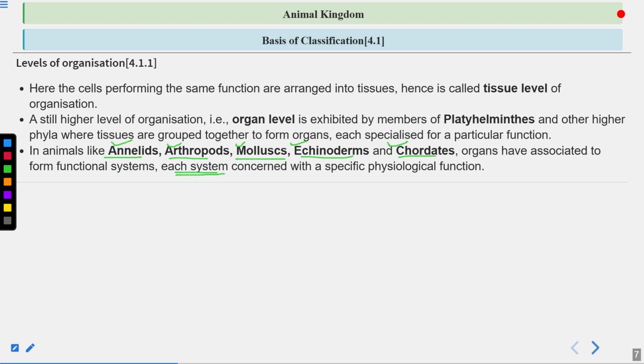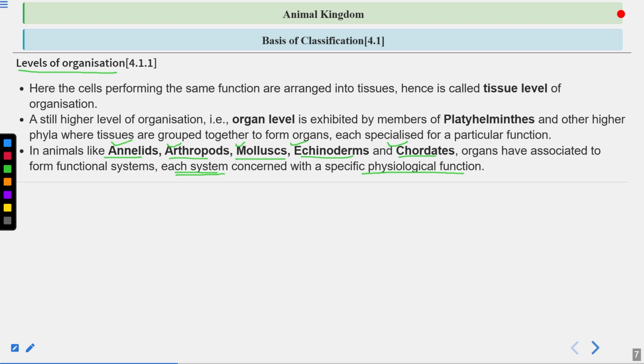So many systems we have. Why do we have so many systems? Because our body is more complex, and we require a specific system for a specific physiological function, right? So this is the level of organization.